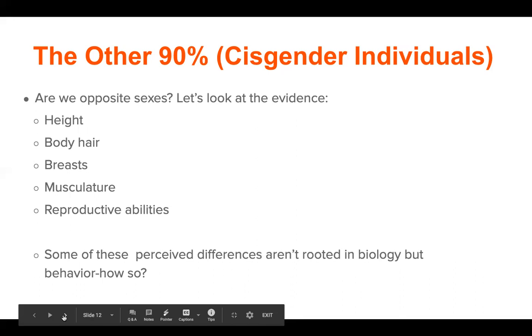And then finally, reproductive abilities. This one should seem like a no-brainer, because you're like, well, reproductive abilities, that relates to primary sexual characteristics, right? It relates to our genitalia. And that's true. A cisgender man cannot carry and give birth to a child, and a cisgender woman can, but not all cisgender women can.